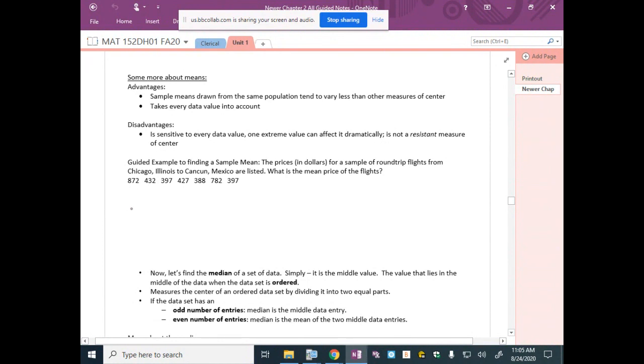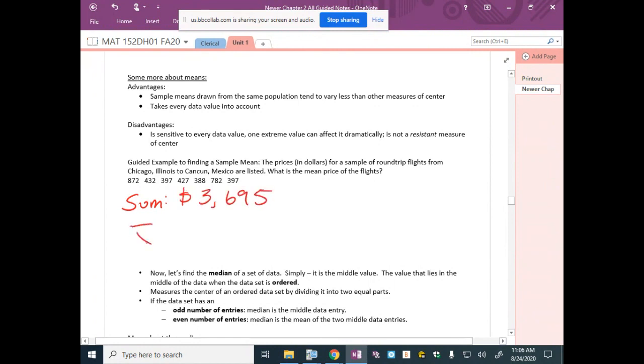So to find the mean, let's find the sum of this. You just got to figure out the sum of that data. So the grand total of all of this is $3,695.